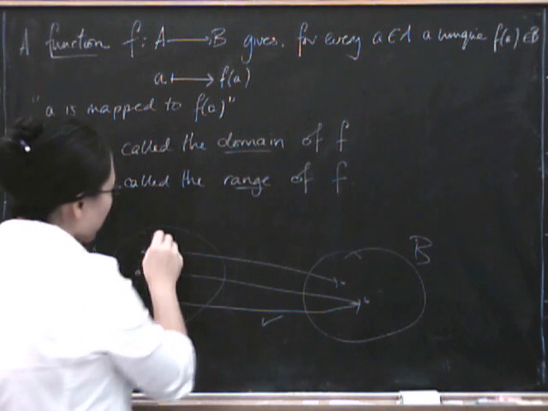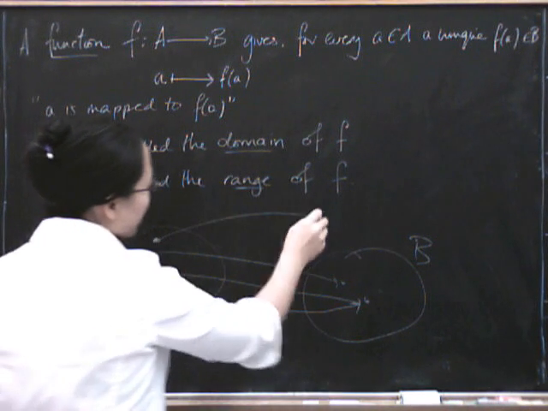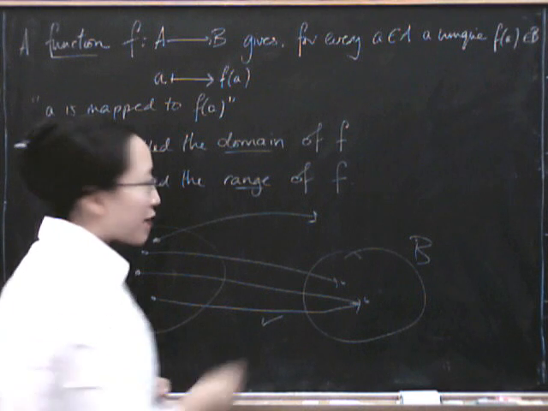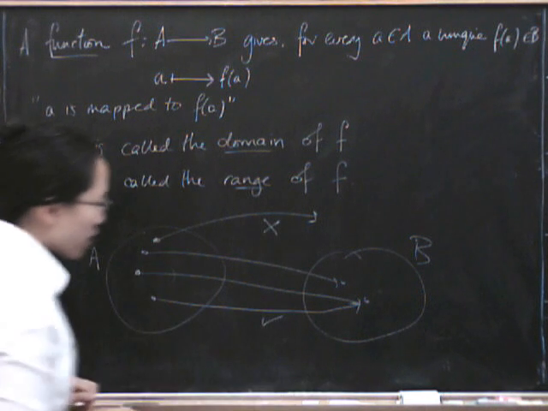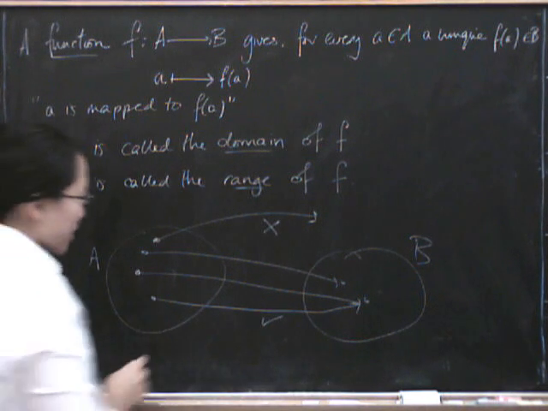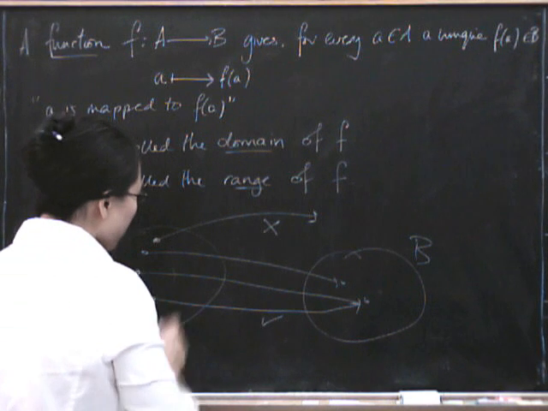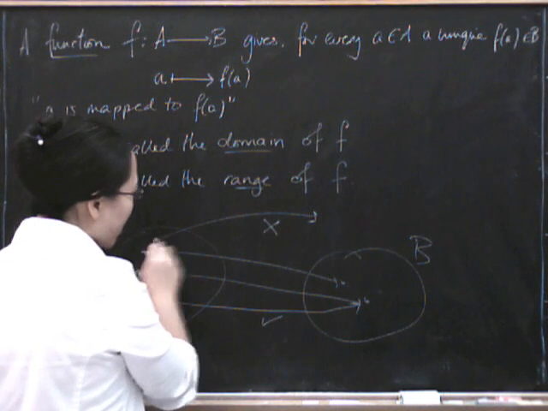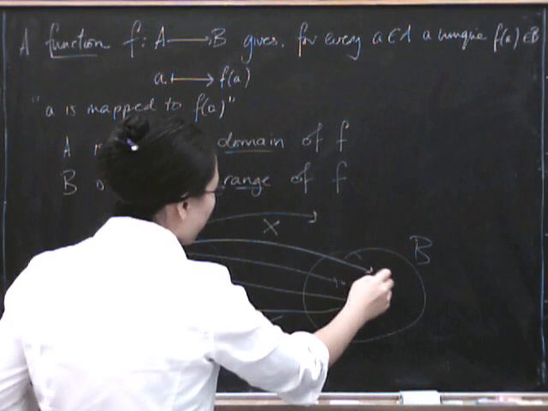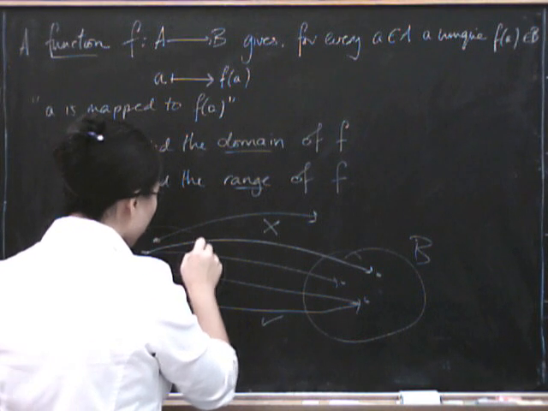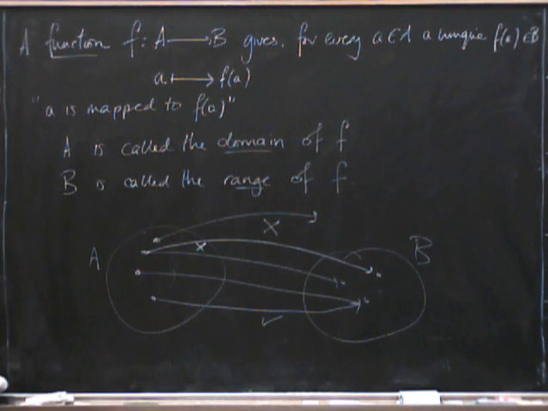What you can't do is send an element of A to somewhere outside the set B. So you can't do that. You also can't send one element to two different places. So this element here, we couldn't also send it over there, right? That's also wrong. So we can't do that.